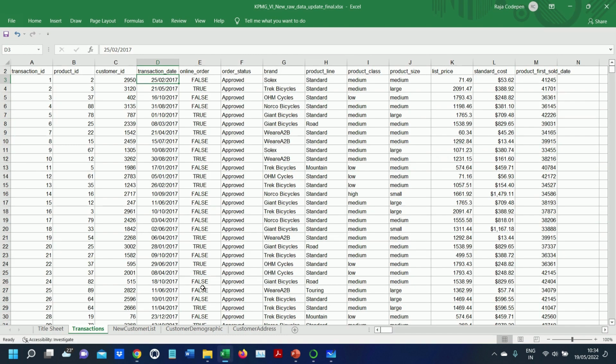I downloaded this dataset, and the transaction tab of this Excel file contains around 20,000 transactions of customers purchasing various brands of bikes, and the transaction date is available here.